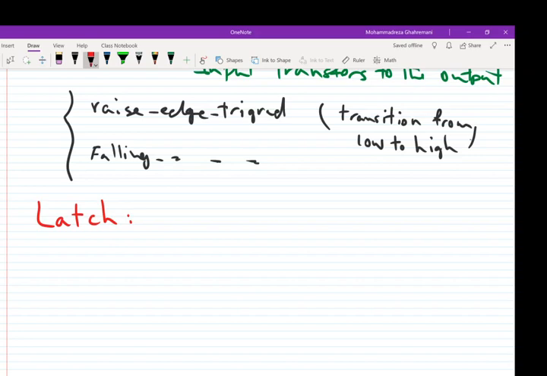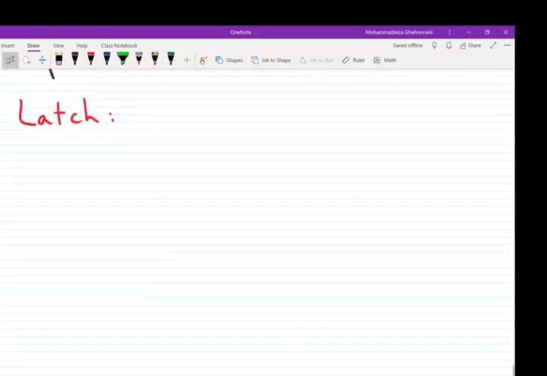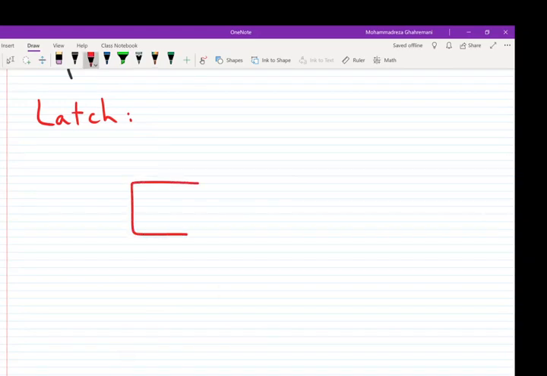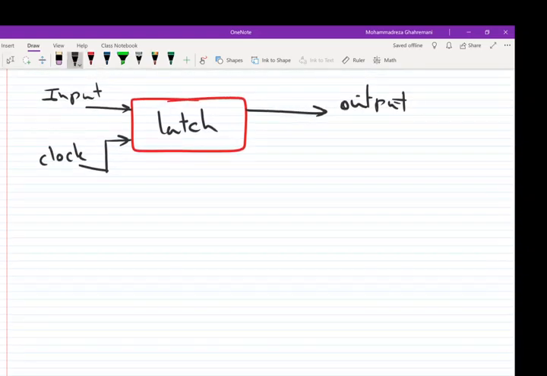Let me show you. If we have a latch here, and we have output and input, and let's assume we have a clock. The clock is like this.